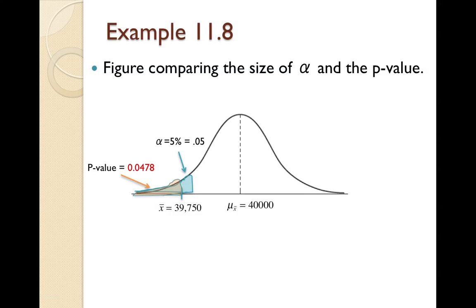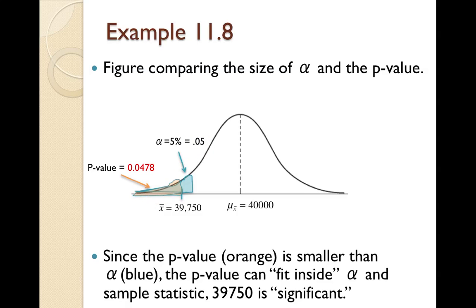Everything in blue is considered alpha. Now, if you compare the values for the p-value and alpha, you should note that the p-value is smaller than alpha. So in terms of area, the p-value, the orange part, is smaller, fits inside the blue value for alpha, and therefore our sample statistic, 39,750, is considered significant.